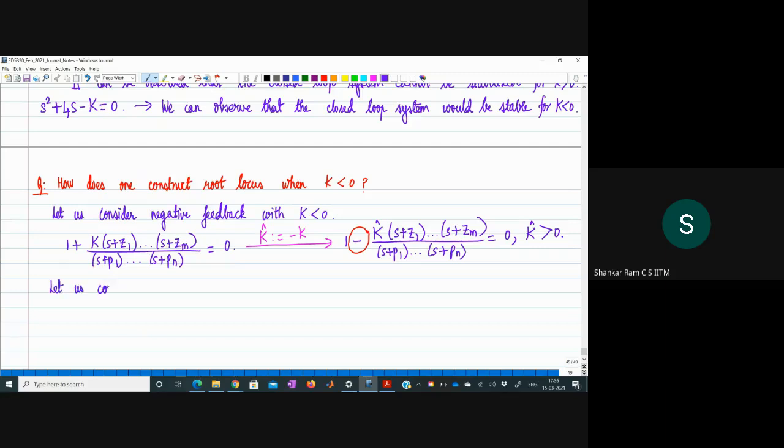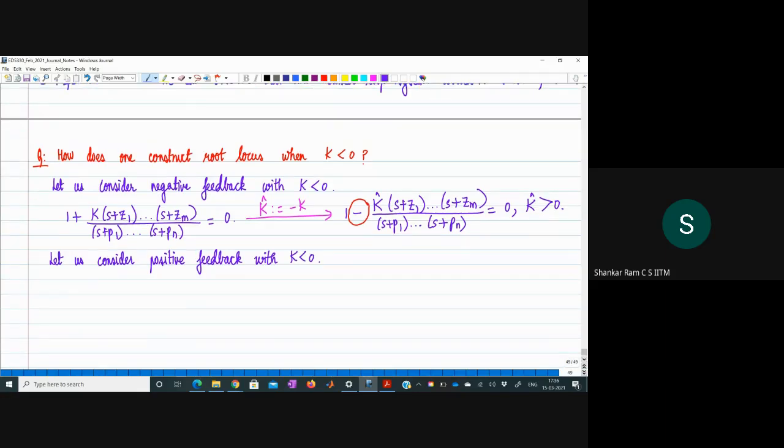Okay, so now one can have the other condition also. So let us consider positive feedback with negative k. That is also possible, right? Isn't it? So you see, in today's case, what we did was that we considered positive feedback, but with positive k. So essentially, we consider the complement, where we have negative k.